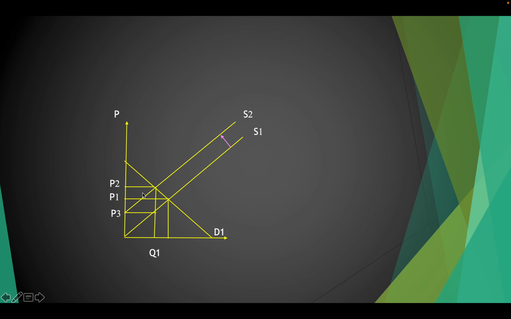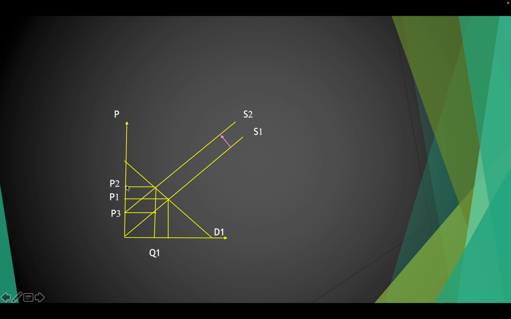So here you can see before the tax we should learn about the consumer surplus. This is the P1, equilibrium price before the tax. Above the equilibrium price, the triangle is the consumer surplus. This is the consumer surplus triangle. Then below the equilibrium price, the triangle is the producer surplus. So here this is the producer surplus triangle.